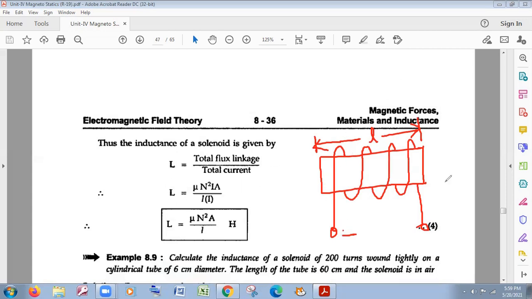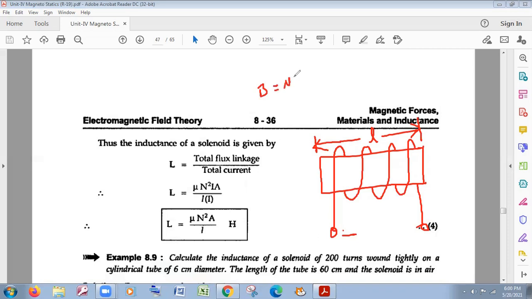Now the inductance of this solenoid: the length of the solenoid is l, and total flux linkage depends upon the number of turns and the area of the solenoid.